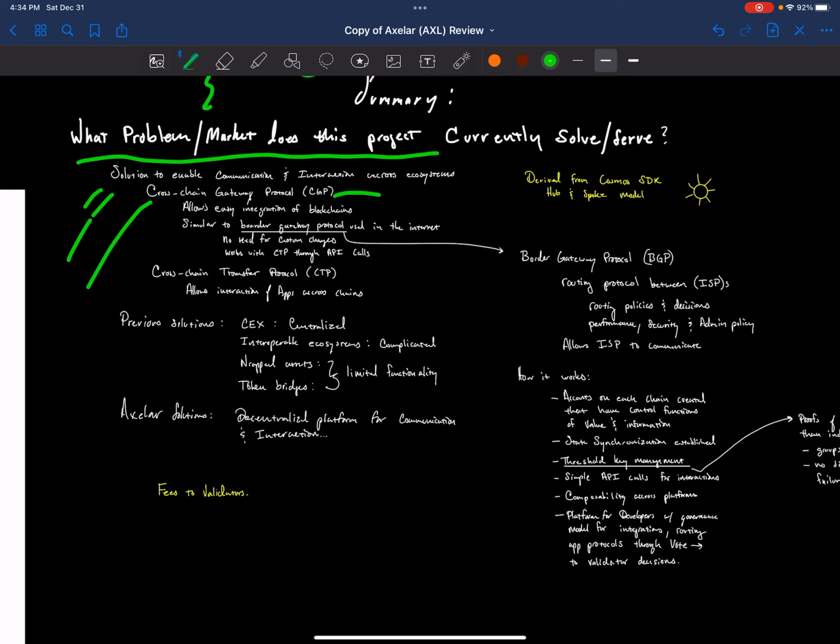the protocols change. So when it says it's like the border gateway protocol, like the traditional web, BGP right here, it's like it in that it's a routing protocol between internet service providers.